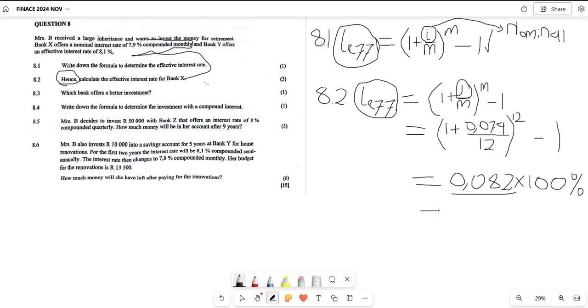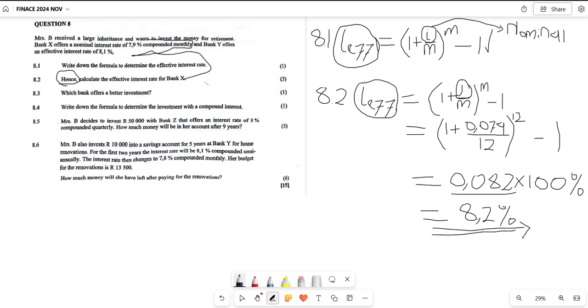Then the I effective will be equal to, then multiply by 100%, it gives us 8.2%. That is our I effective.